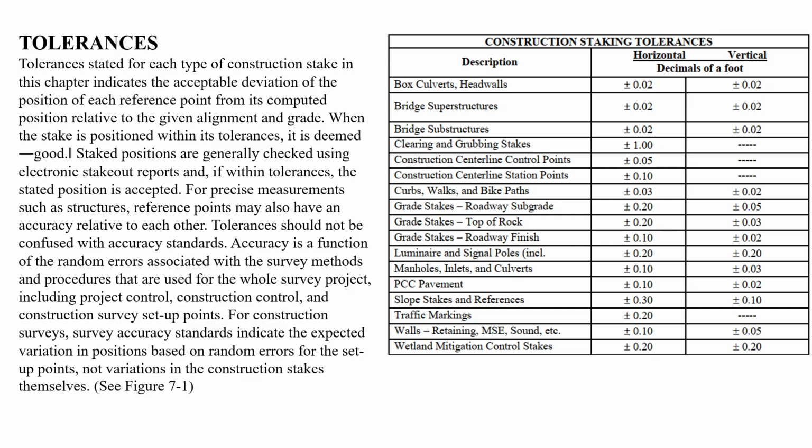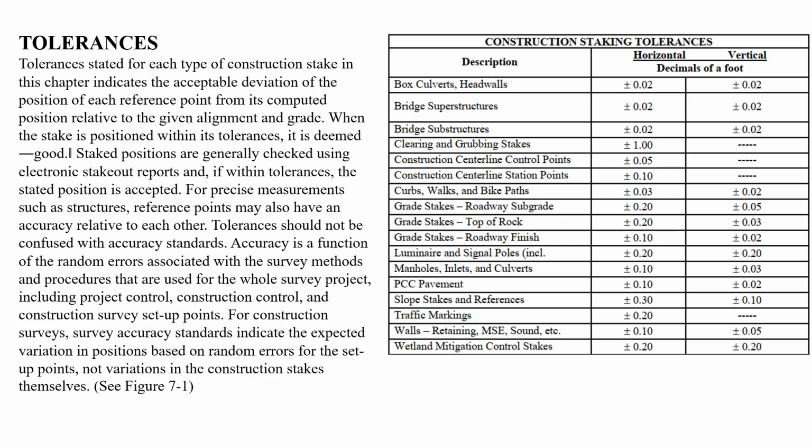Staked positions are generally checked using the electronic stake-out reports, and if within tolerances the stated position is accepted. For precise measurements such as structures, reference points may also have an accuracy relative to each other.